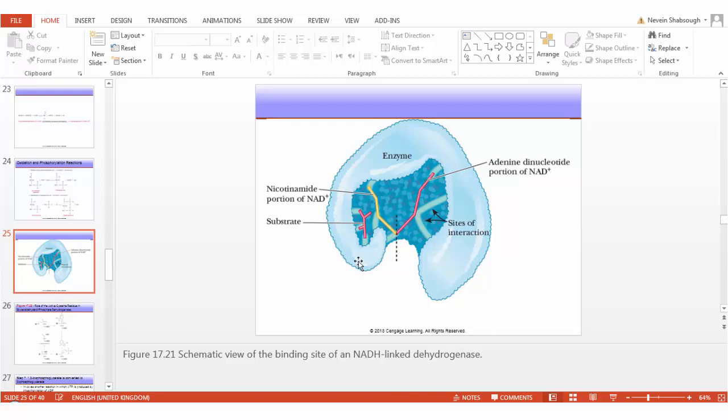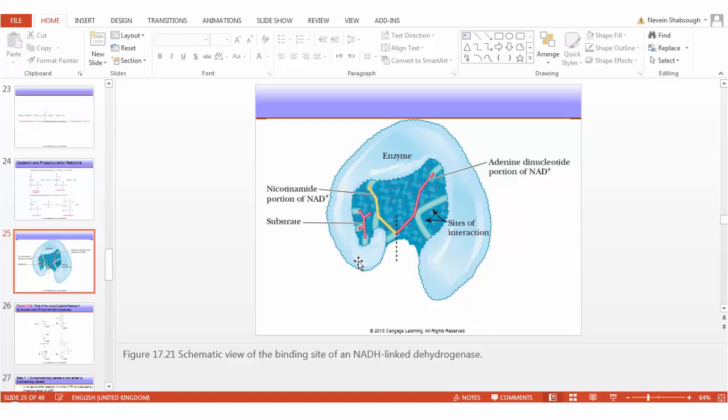The enzyme itself is a tetramer consisting of 4 identical units. Now each unit binds one molecule of NAD+. So actually you need 4 molecules of NAD+, not one, to accomplish this reaction.